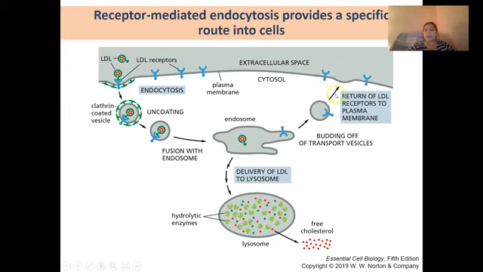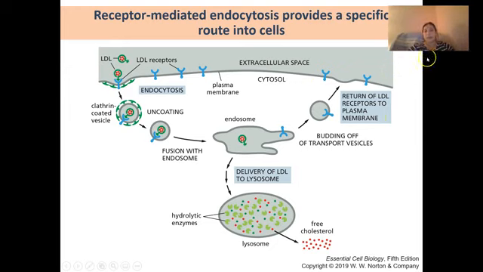The endosome can then also continue. Part of that obviously delivered the LDL to lysosomes, but the remaining endosome membranes themselves are going to get recycled back into the plasma membrane, so that those receptors are then ready to work again.